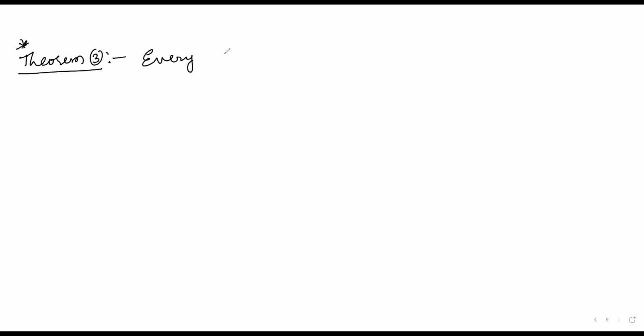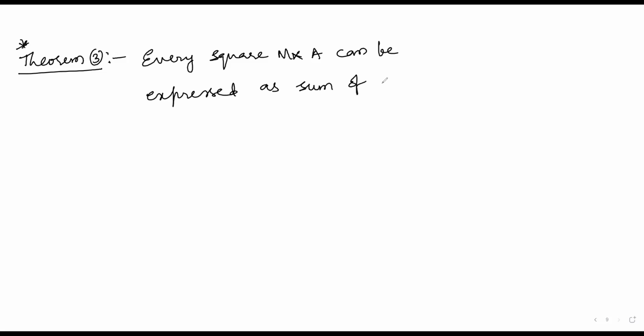Every matrix means square matrices. Every square matrix A can be expressed as a sum of a symmetric and a skew symmetric matrix.